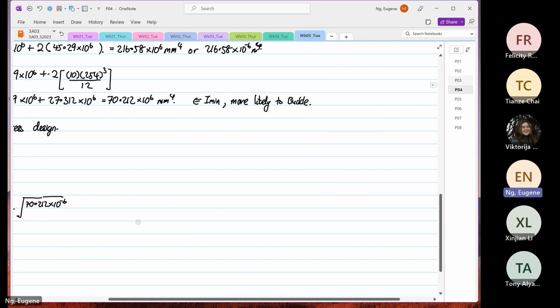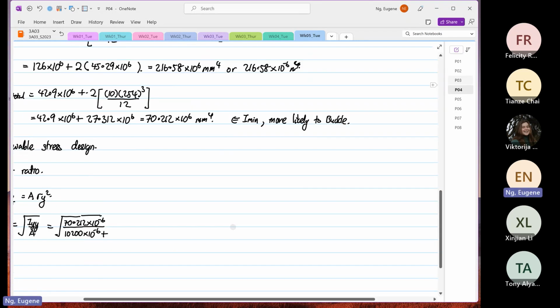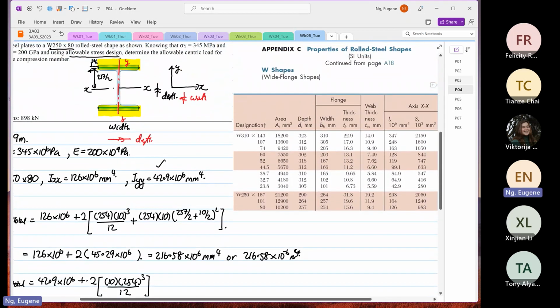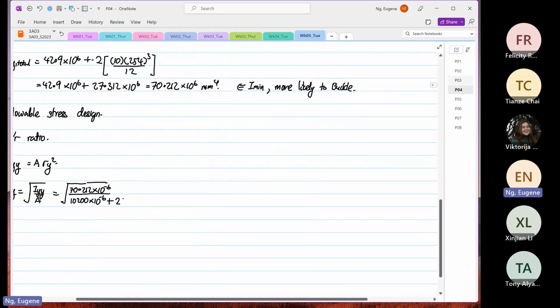Okay, so the area is 10200 times 10 to the power minus 6 plus the plates. So the plates: the width is 254 and 10 millimeters thick. So we have to add twice 0.254 times 0.01, the 10 millimeter thick plate.